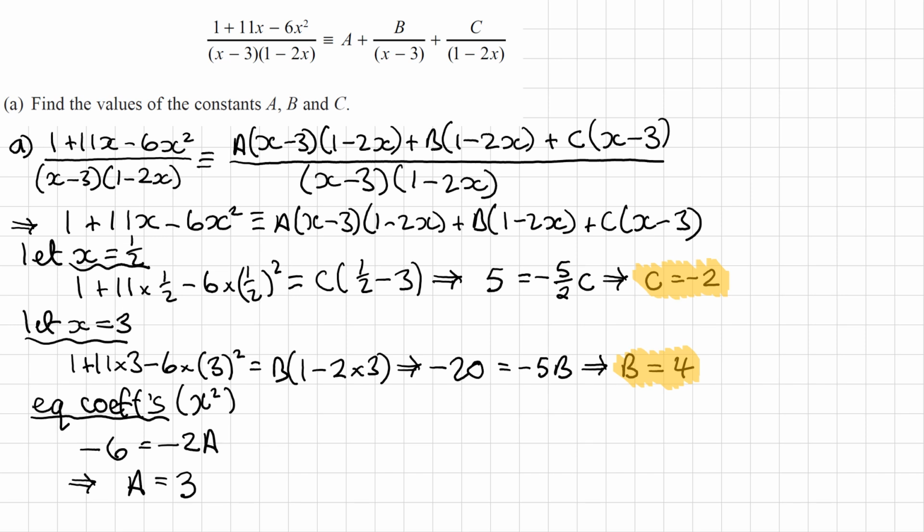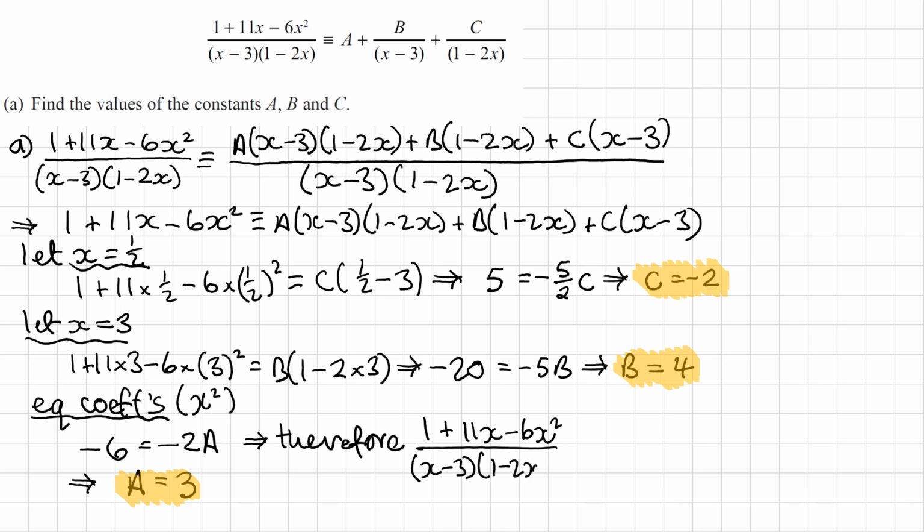So that will be my third value, and it's always good practice when you do these questions not just to write down the values of a, b and c, but to actually now state the final partial fraction. So therefore (1 + 11x - 6x²) / ((x - 3)(1 - 2x)) can be written in this form: A, which we've got as 3, plus B, which is 4, so that'll be 4 over x - 3.